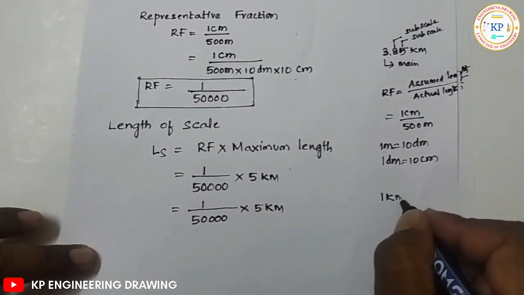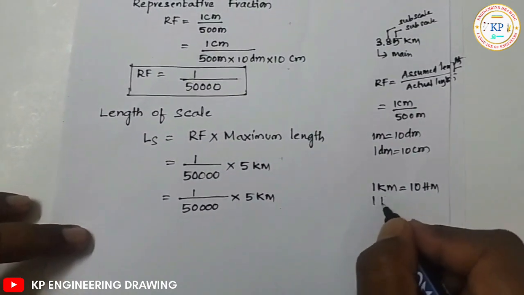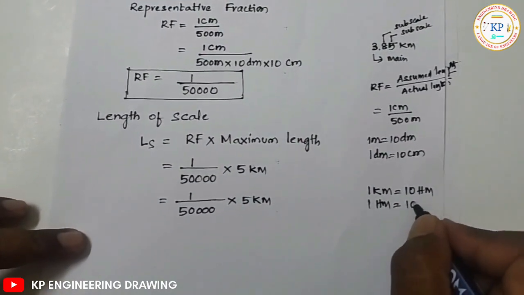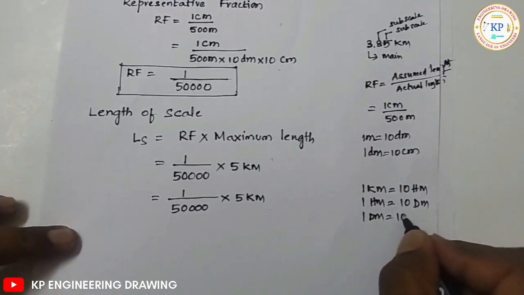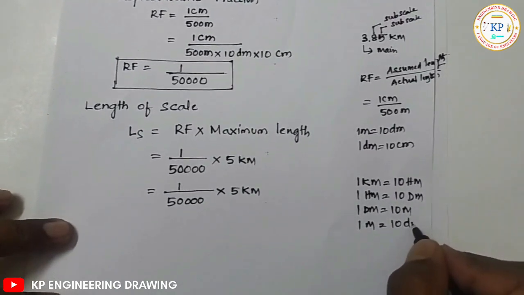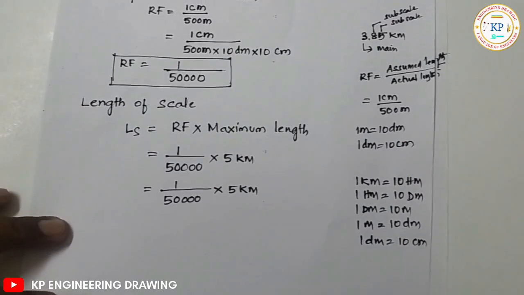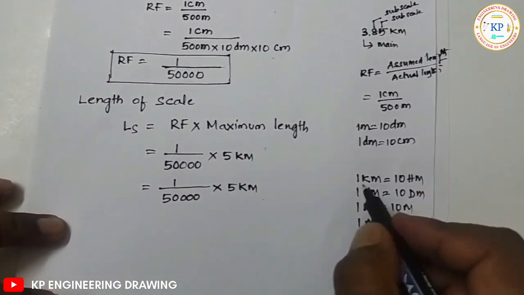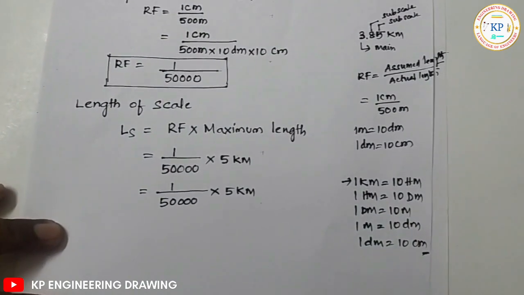1 kilometer is equals to 10 hectometers. 1 hectometer is equals to 10 decameters. 1 decameter is equals to 10 meters. 1 meter is equals to 10 decimeters. 1 decimeter is equals to 10 centimeters. So in this problem we got the conversions from kilometer to centimeter. So all conversions are there in this problem.